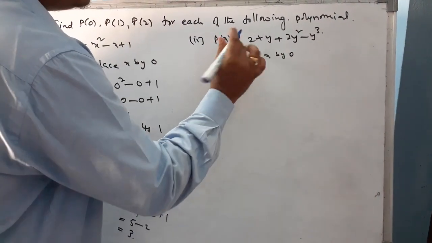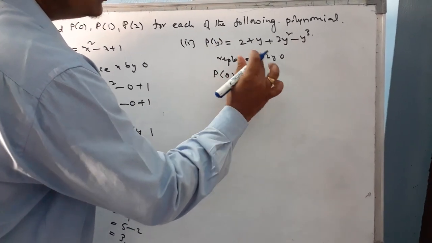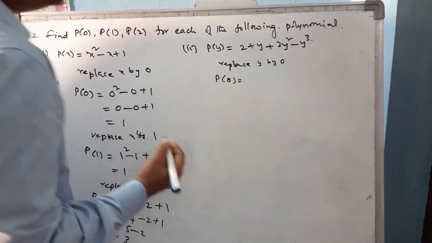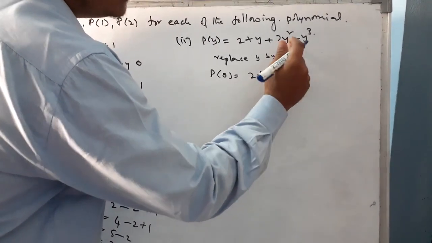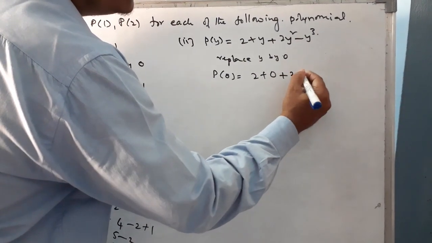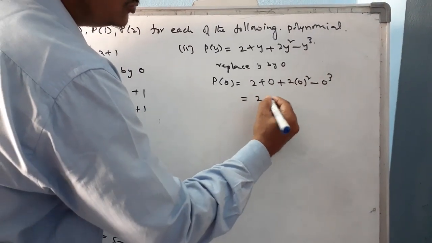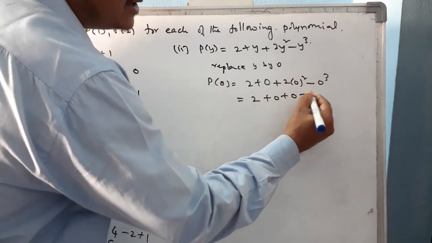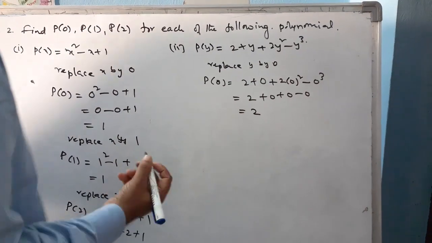P of 0 is equal to, here replace y by 0. So 2 plus 0 plus 2 times 0 square minus 0 cube, that is equal to 2 plus 0 minus 0, that is equal to 2. So p of 0 equal to 2.